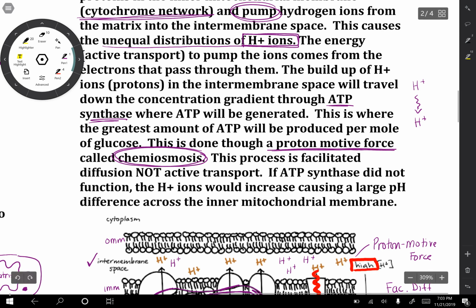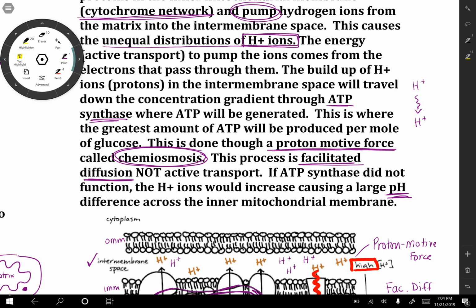Once again, this is facilitated diffusion, not a pump, because it is moving from high to low through this protein, generating the ATPs. And the fact is there's a large pH difference between the inner mitochondrial membrane and the matrix because of all of these hydrogens.